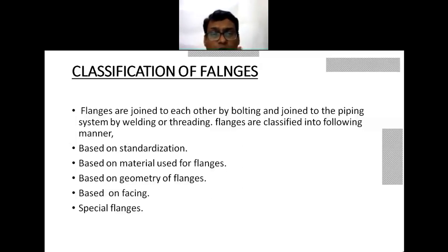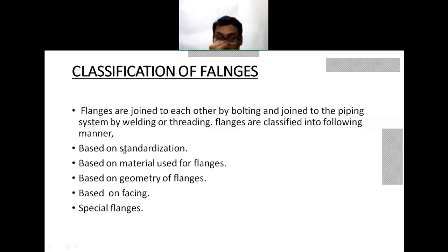First is standardization, standard flanges. That means the specifications are defined by some standard, either an ASTM standard, British standard, or Indian standard. These standards are to be followed, and then the flanges are fabricated. They are costly obviously, but they are with the standards.